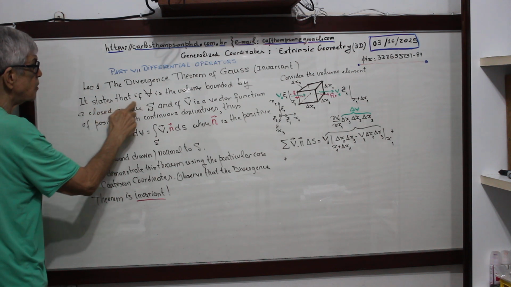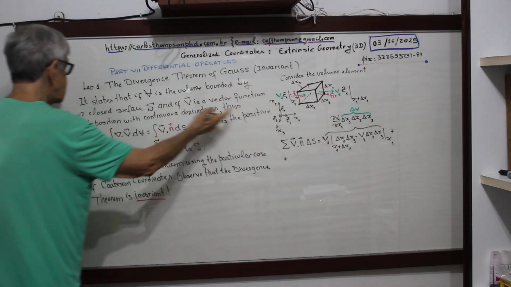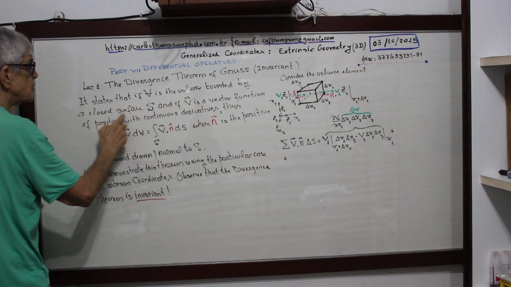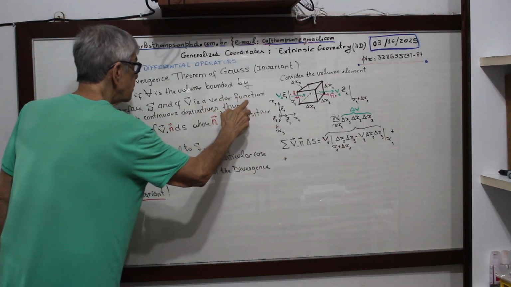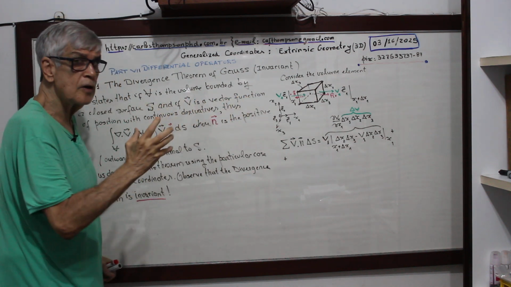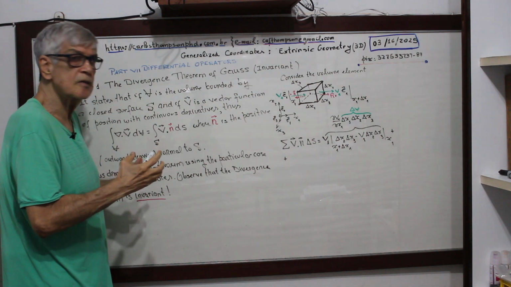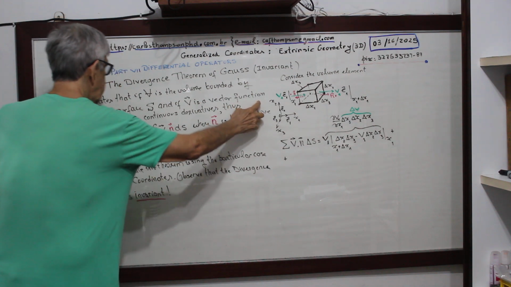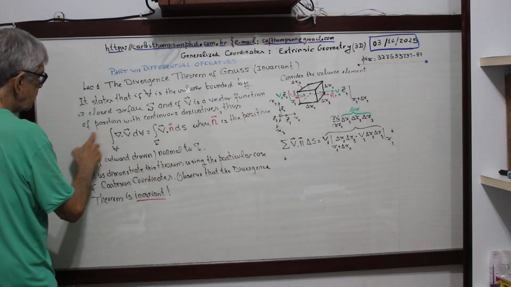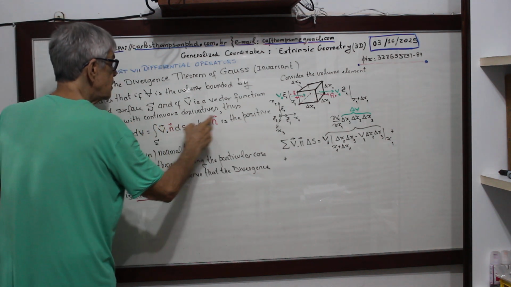It states that if V is the volume bounded by a closed surface S, and V is a vector function, okay? This means that the vector V depends on the position vector, with continuous derivative.